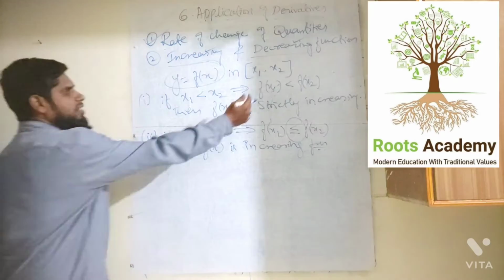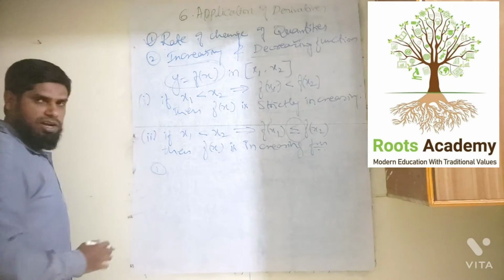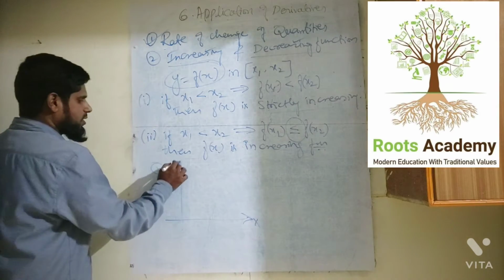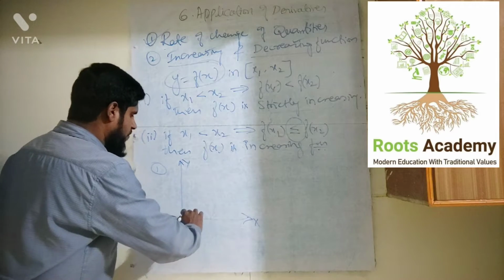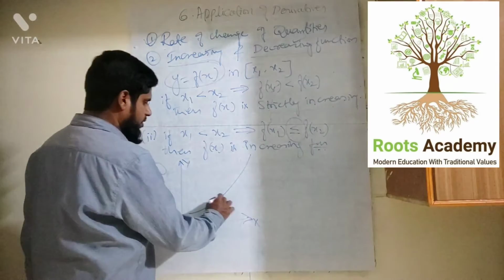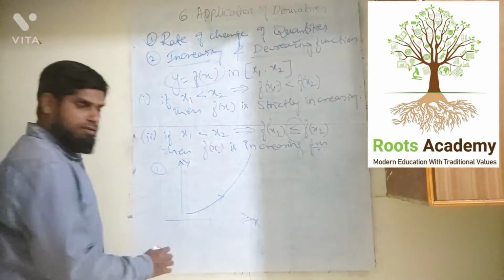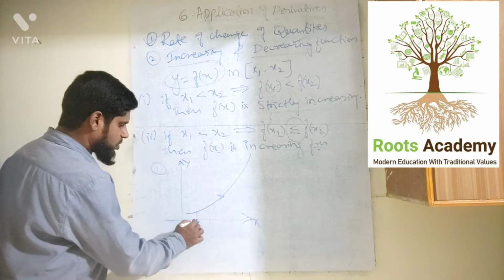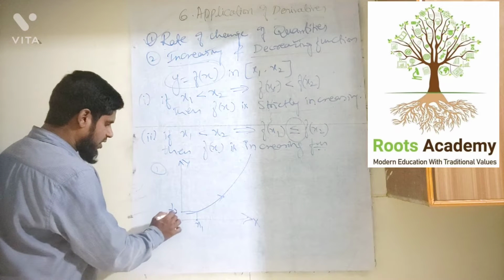For example, if I draw the graph of the strictly increasing function, this is the first graph. This is my x-axis, this is my y-axis. This graph continuously goes like this. It's a continuously increasing function. Consider this is x1, and then this is my f of x1.